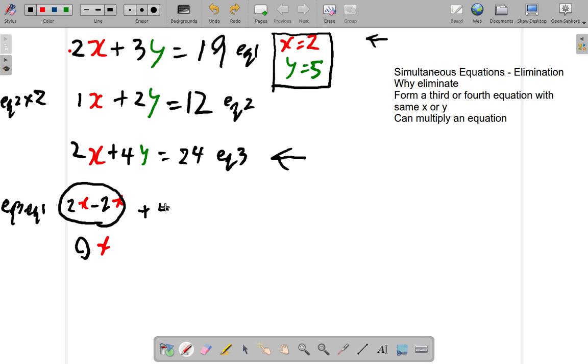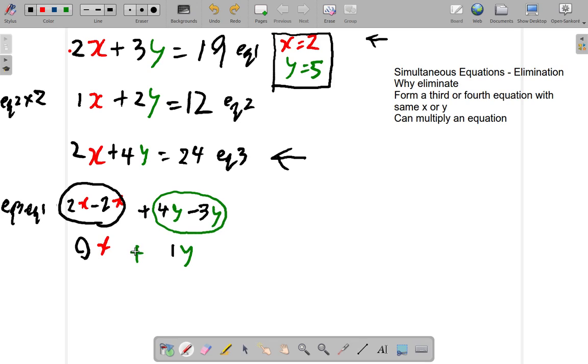So I have 4y minus the y in equation 1, which is 3y. And what do I get? 4y minus 3y gives me 1y. So it's 0x plus 1y.